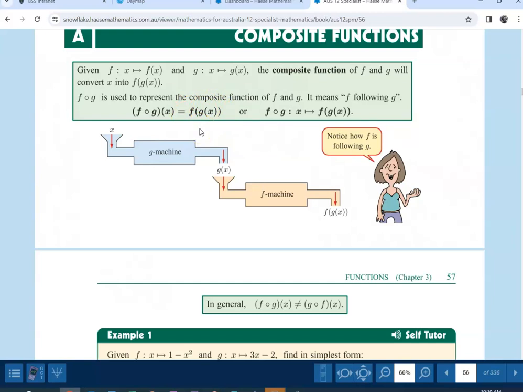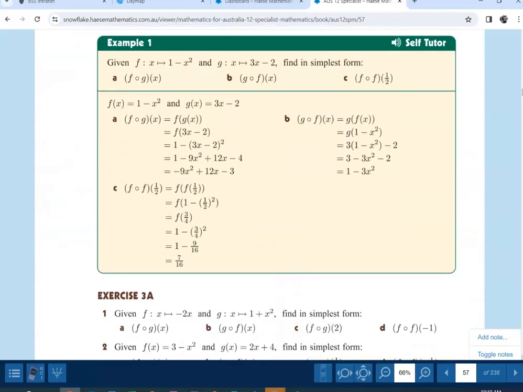Okay, and the big thing to know is, will fog, f of g of x, equal gof, g of f of x? They're not always the same, right? And most of the time they're not. So this little exercise just goes on about using that notation, okay? So again, something that you looked at last year.